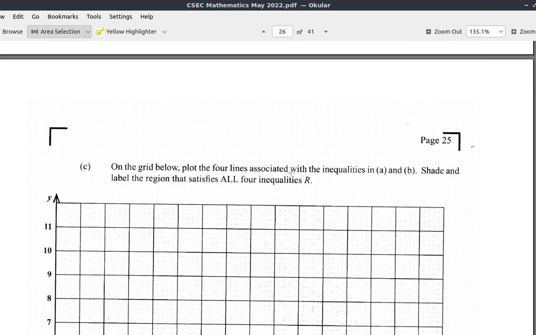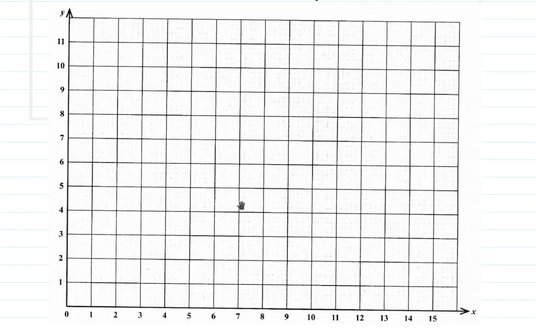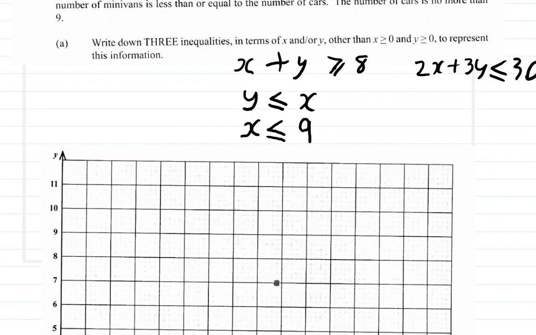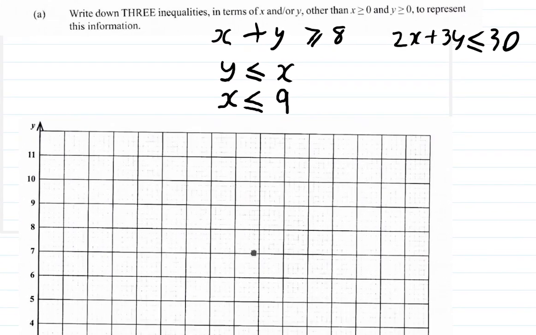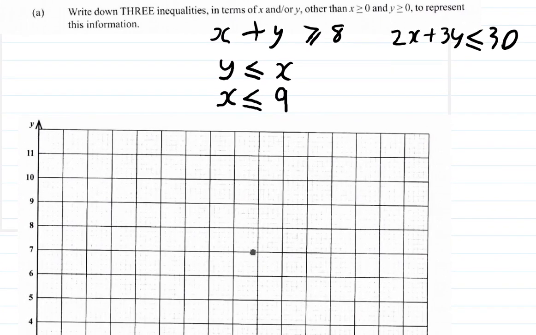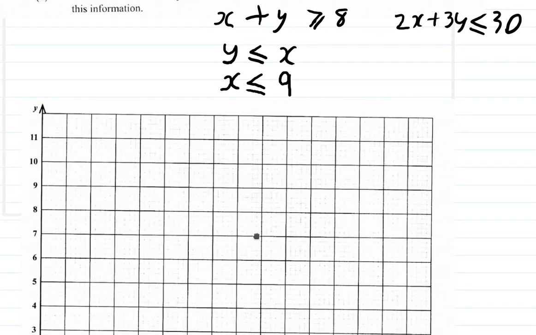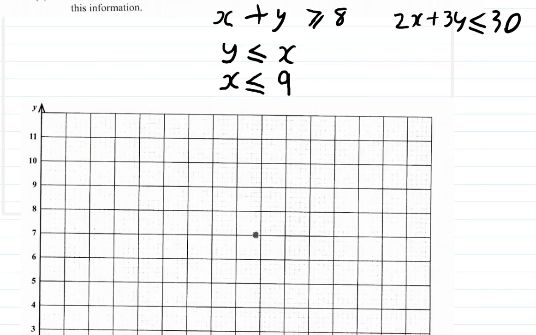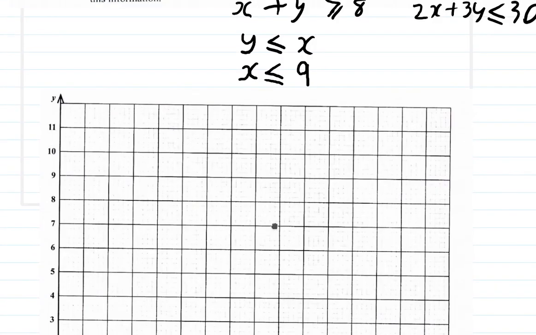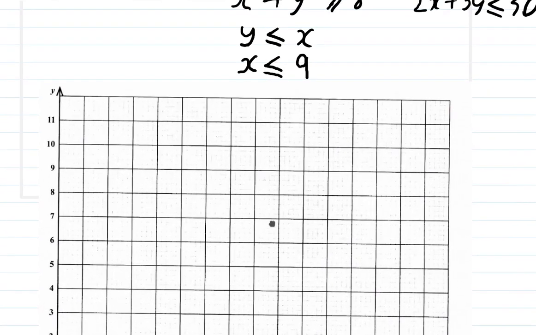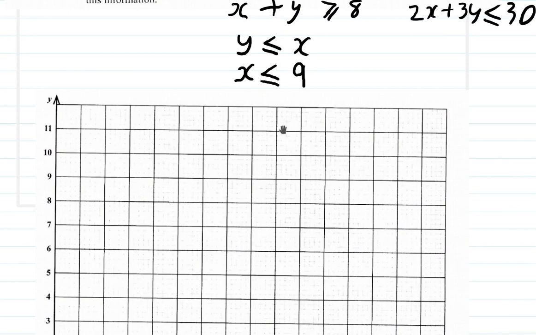Plot 4 lines associated with the inequalities in A and B. Now, how are you going to deal with that part? Y is less than or equal to x. You have to remember the line y equals x, right? You plot that line.